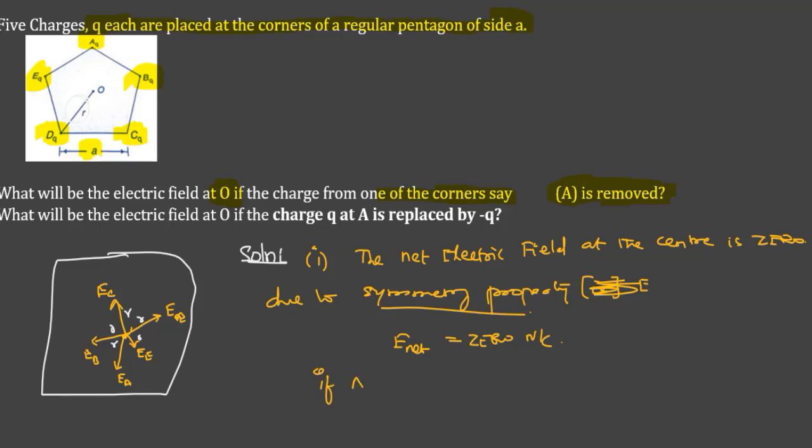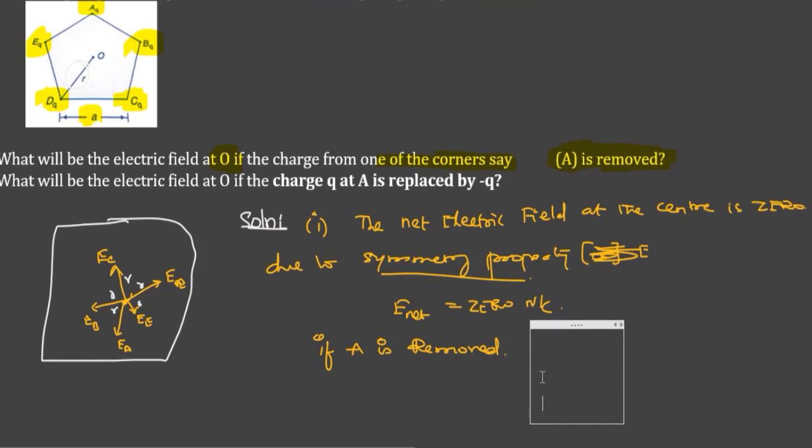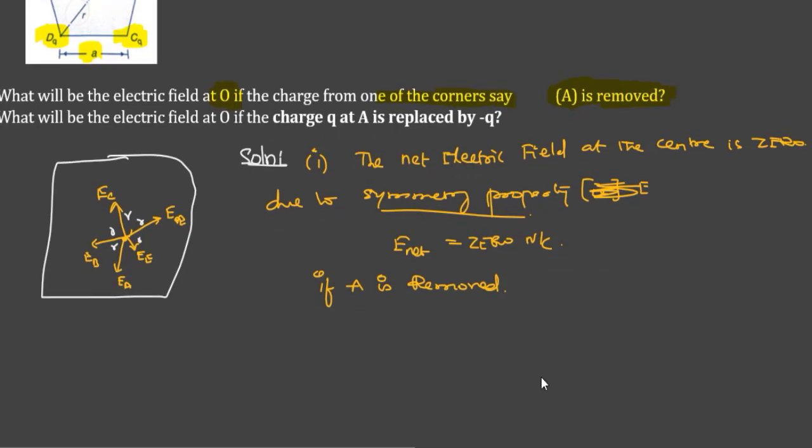If A is removed, what will happen? That is what they are asking. If A is removed, now at that point there won't be any charge, correct?